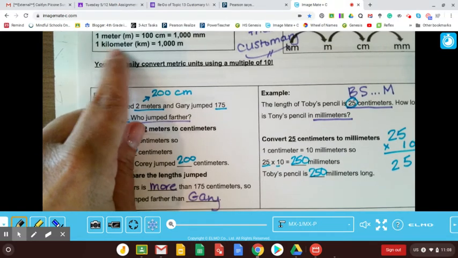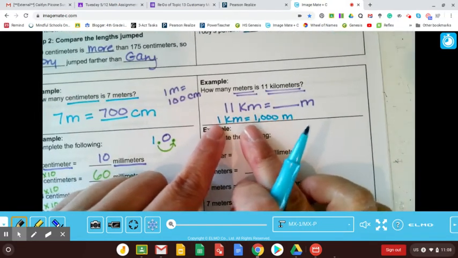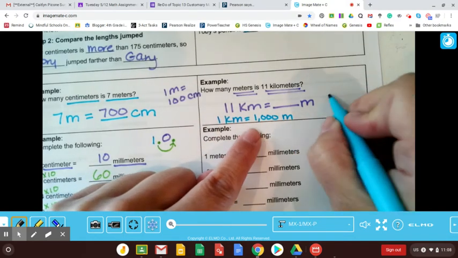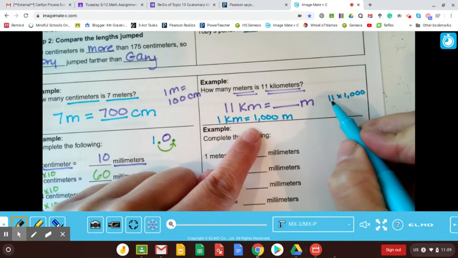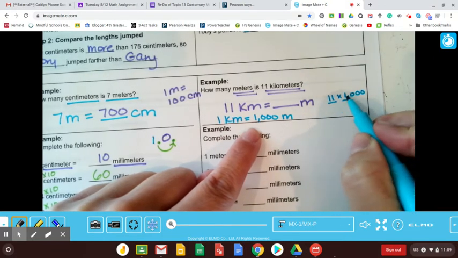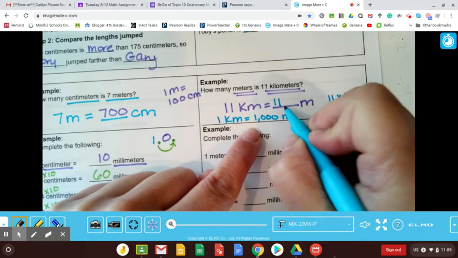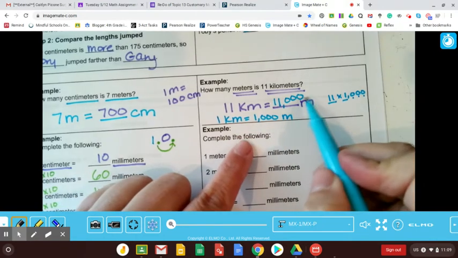Remember, we talked about that up there. 1 kilometer equals 1,000 meters. So I would have to multiply 11 times 1,000. Well, I could take my basic fact, 11 times 1 is 11, and then I have 1, 2, 3 zeros, so my answer is 11,000.